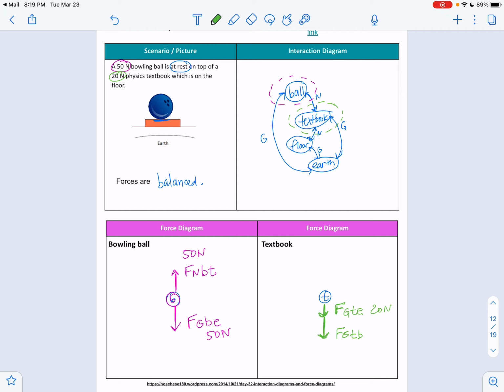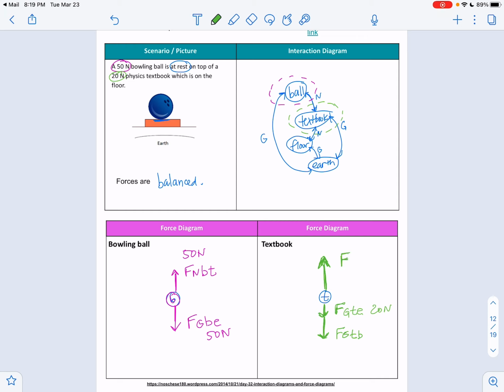The textbook is the feeler, so it feels it down. Then balancing all of that, the only other interaction the textbook has is the floor, so that has to be up, and it has to be big enough to balance both of those downward ones. You can always adjust the size if you don't like it.